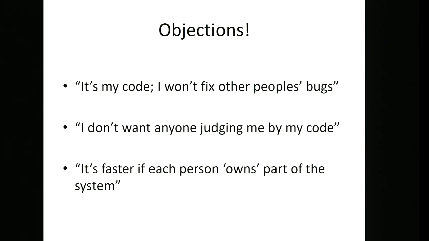It may be faster, but is it actually faster in the long run if something was to happen? And also the other thing to remember is that, when we talk about collective ownership, really the real owner of any code is the company you're working for, not you. So you might as well be fairly liberal with what you mean by owning it.